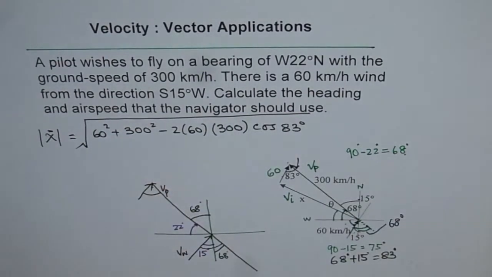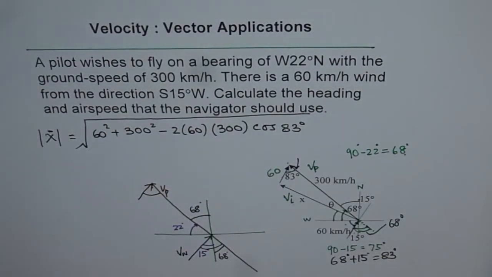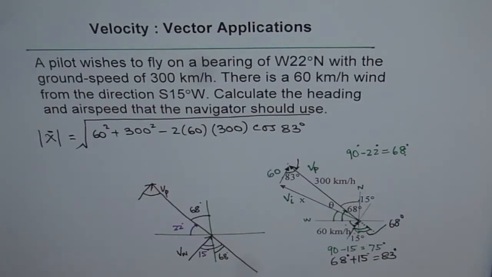And now we can use a calculator, correct? And then multiply and get our result. So we get the square root of, within bracket, 60 squared plus 300 squared minus 2 times 60 times 300 times cos of 83 degrees, bracket close, equal to, and we get 298.7.